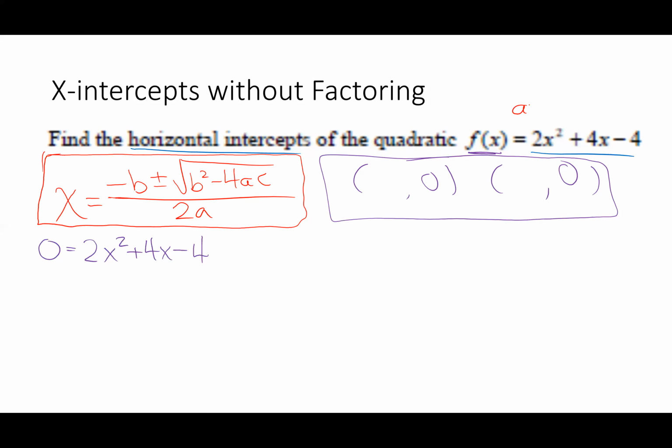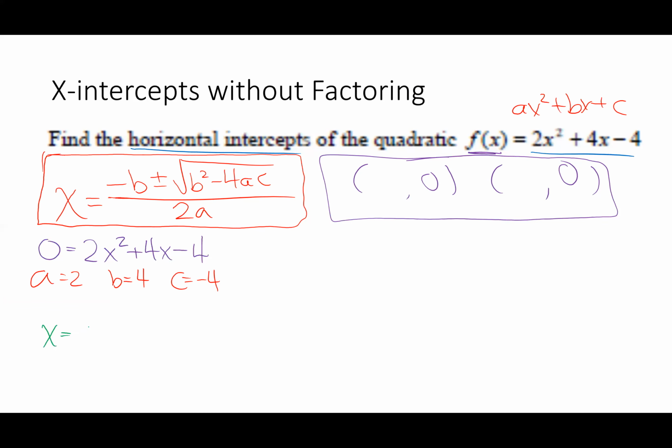So we think of this as ax squared plus bx plus c. Let's do ourselves a favor and identify our a, b, and c values first. A is 2, b is 4, c is negative 4. All right, so now we're going to go ahead and do our quadratic formula, and we're going to come up with our solutions that way.